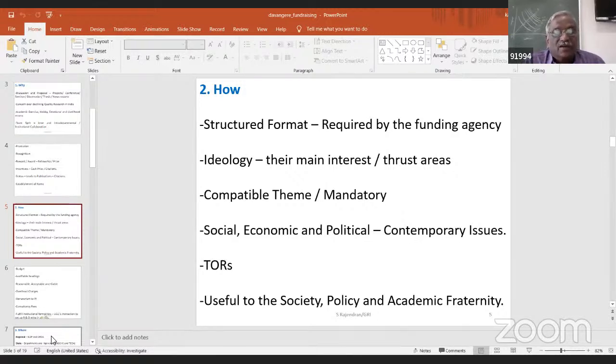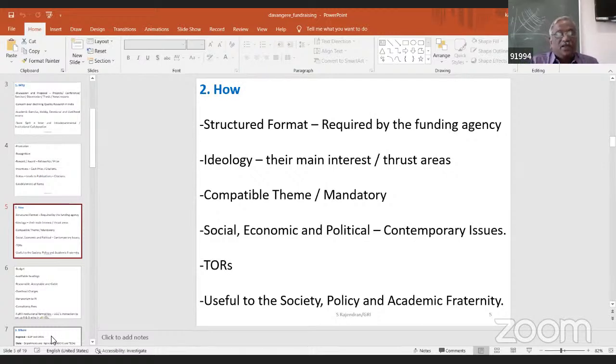And also, whatever the terms of reference, what we call TORs, should have been framed by the host institution as well as the implementing organization should match very nicely, and this should reflect in your research proposal.